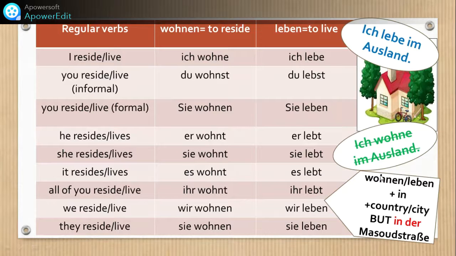And both the im and the in there that you see here are forms of the German preposition in, but in a different grammatical context. But don't worry, I will cover this grammar later on in my tutorials. So for the time being, just remember these forms of preposition in as they're written here.